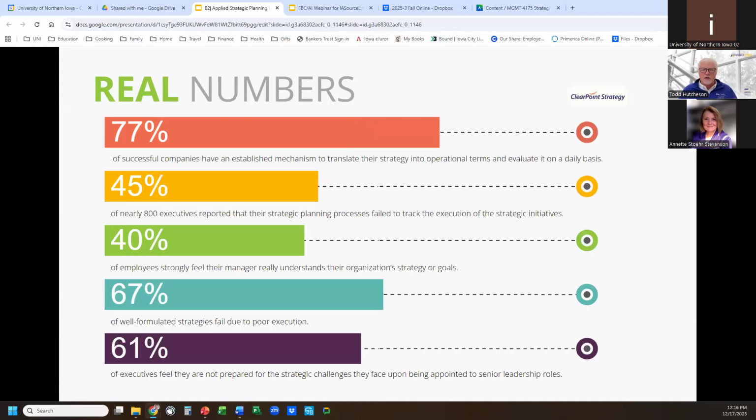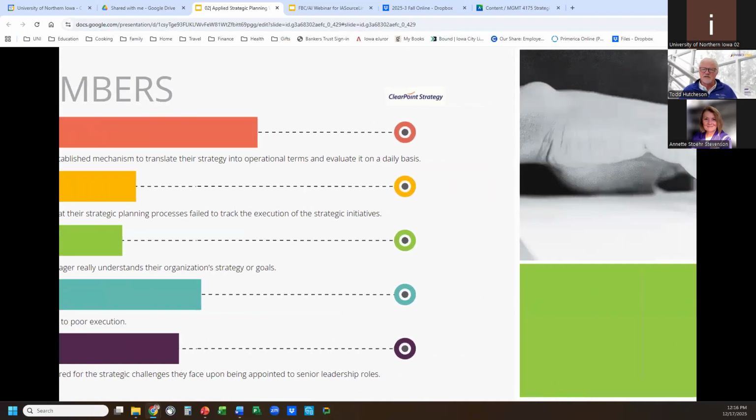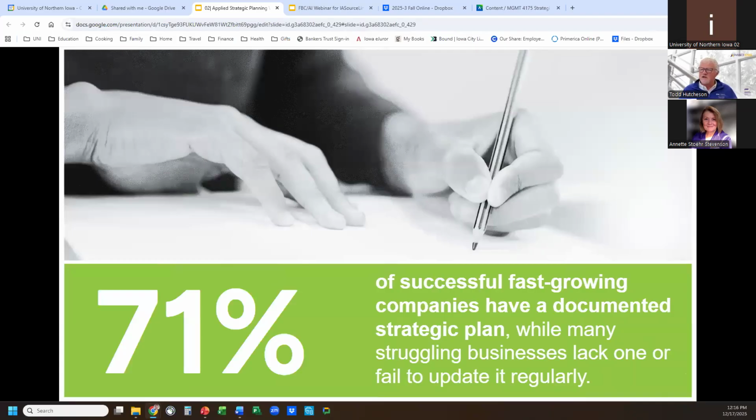So these are some kind of national numbers, national statistics. 71% of successful, fast-growing companies have a documented strategic plan, a really high percentage, while many struggling businesses lack one. So successful businesses, 71% of them have a plan. Struggling businesses, many of them lack a plan. I'll let you make the correlation.